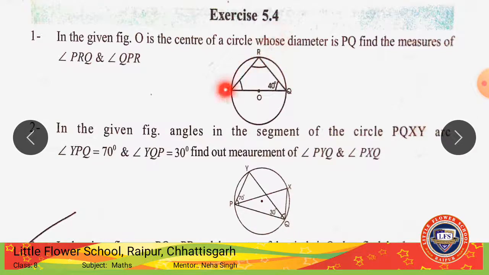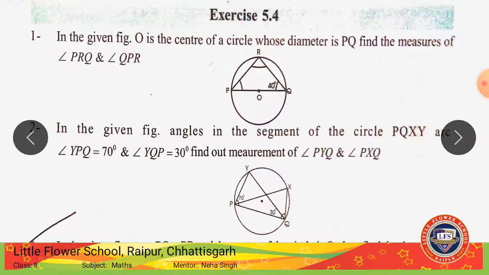See, this is a triangle. We know that the sum of angles in a triangle is 180 degree, angle sum property. And in the last video we had also studied that this is a semicircle. PQ is the diameter, so the diameter divides the circle into two equal halves, that is two semicircles, right?